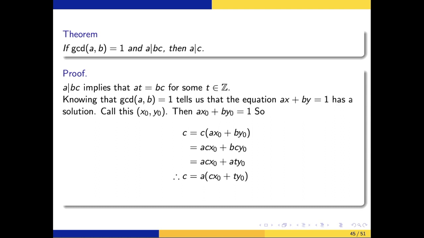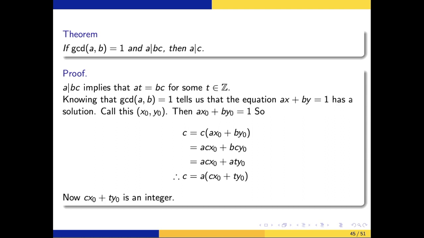Expanding that out, we get c equals acx0 plus bcy0, which equals acx0 plus aty0, since bc is equal to at. And finally, pulling out the common factor of a from the right hand side, we have that c is equal to a times (cx0 plus ty0).